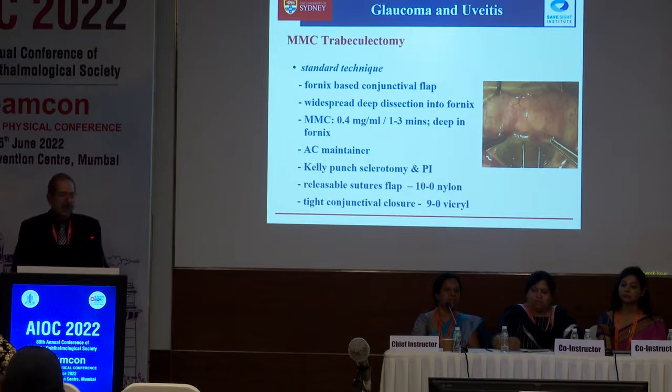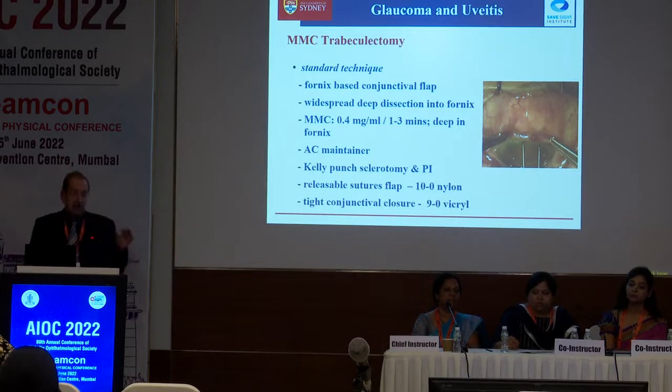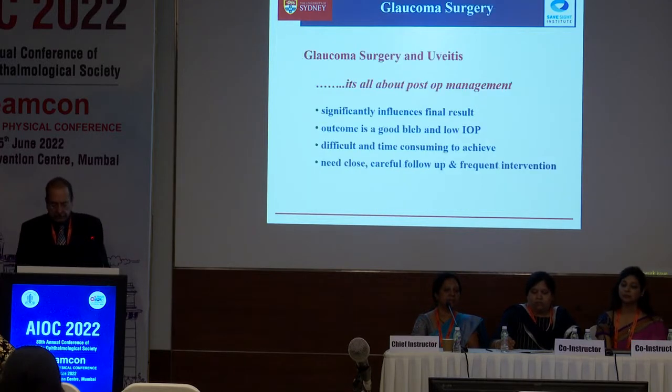We use a standard Kelly's punch, peripheral iridectomy, and then 10-0 nylon for the releasable sutures for the flap, and 9-0 Vicryl for the conjunctiva. But in all this, glaucoma surgery is the easy part. The thing that decides success is your post-operative management, what you do post-operatively. And really, that's what decides between success or failure.